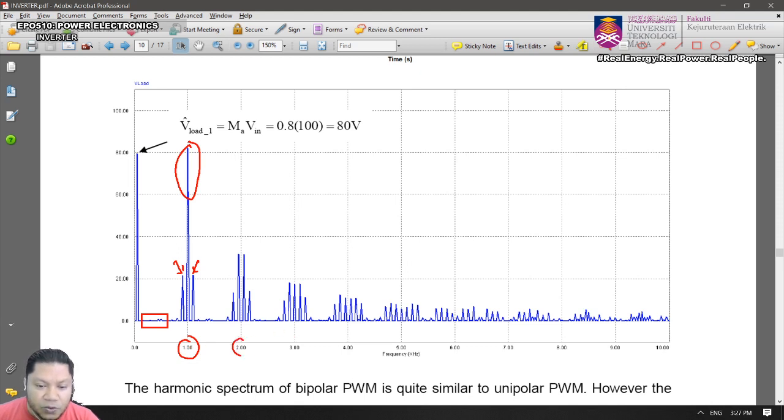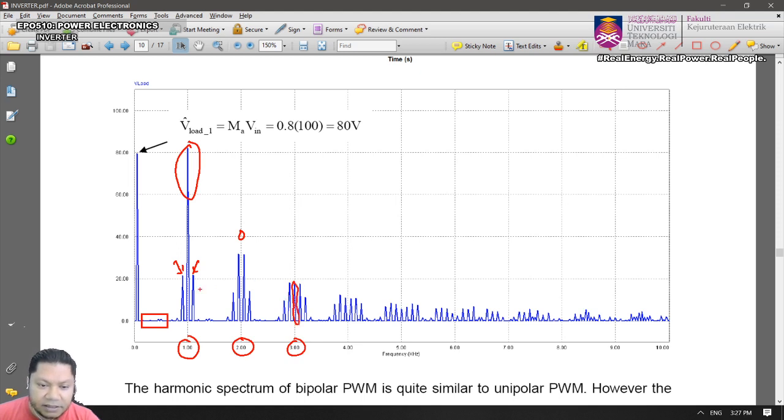There is no component at the even multiples, isn't it? For even multiples, there is no component, but for the odd multiples, there are harmonics.